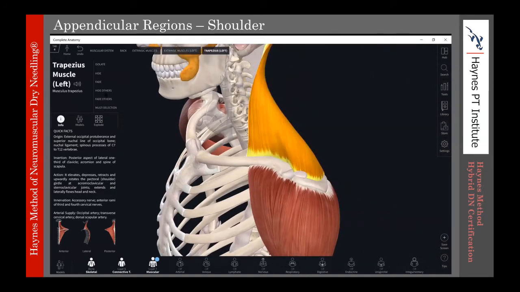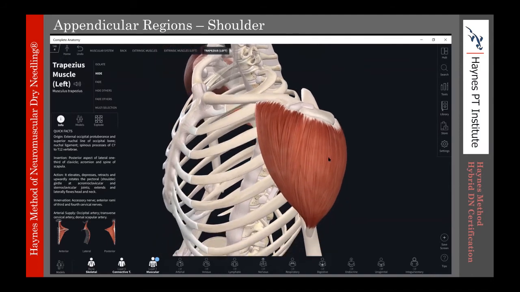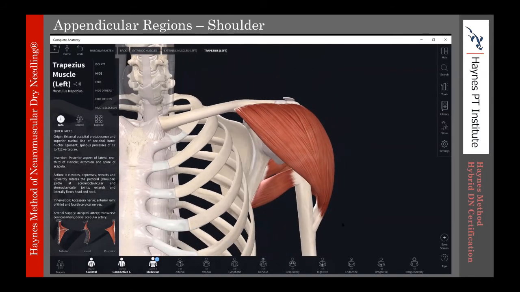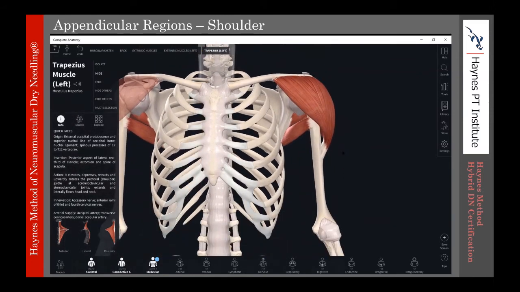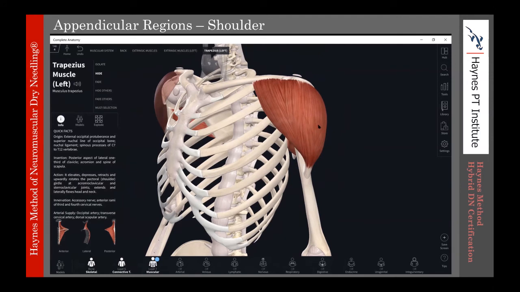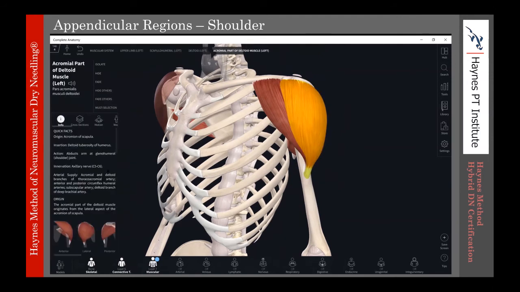All right, so let me hide that. The deltoid itself inserts into about mid-shaft of the humerus into the deltoid tubercle. Its action is abduction of the arm at the glenohumeral joint.